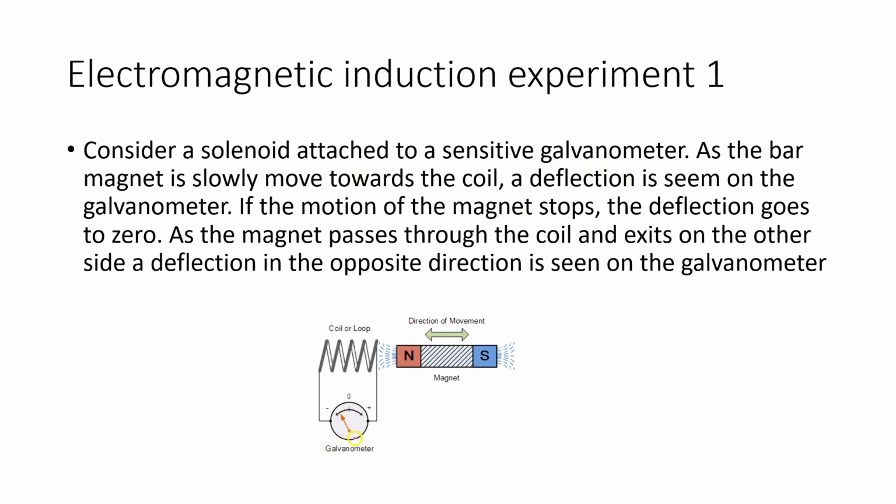All right. It says that as the bar magnet is slowly moved towards the coil, a deflection is seen on the galvanometer. If the motion of the magnet stops, it says here that the deflection goes to zero as the magnet passes through the coil and exits. On the other side, a deflection in the opposite direction is seen on the galvanometer.